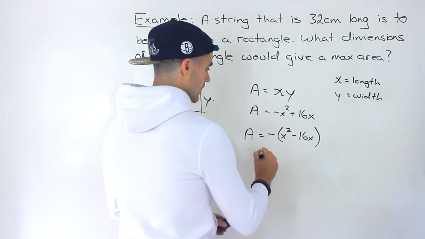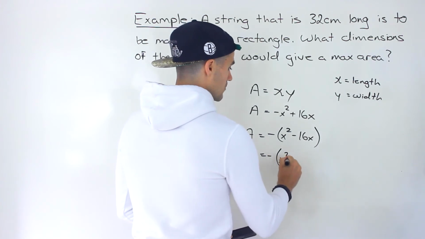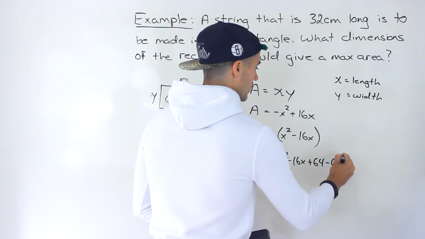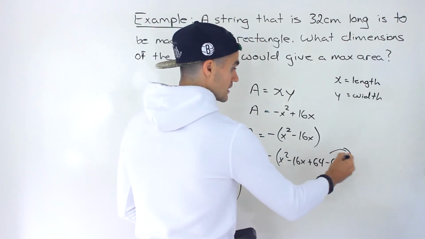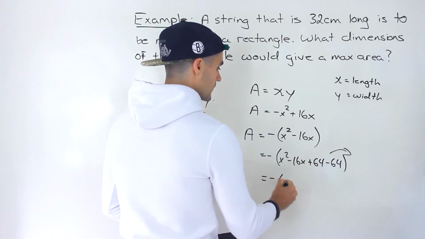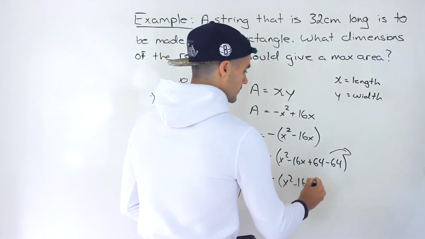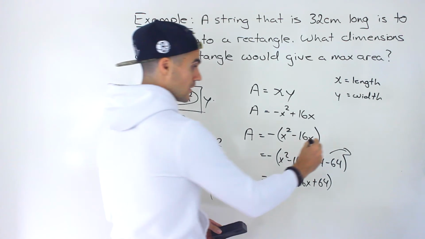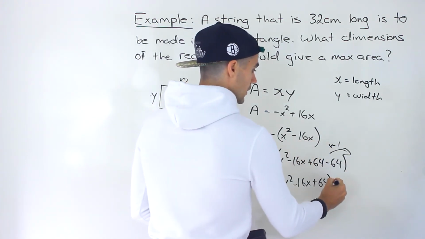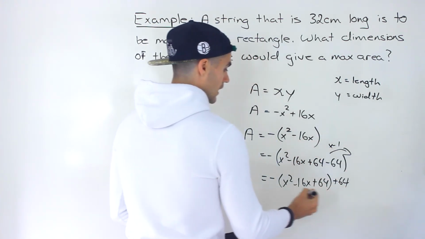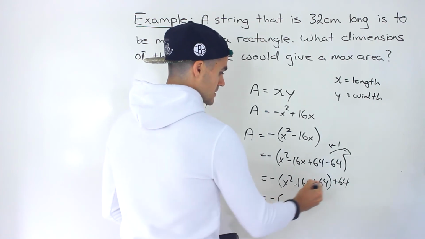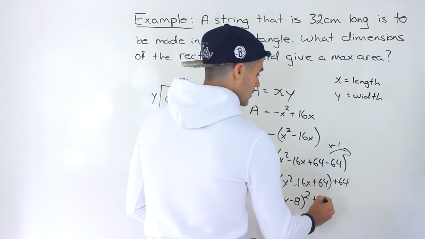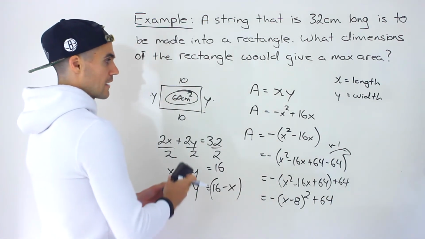So then we'd end up with negative x squared minus 16x plus 64 minus 64. Then we take the negative 64 out. When we take it out, we've got to multiply it by what's in front, the negative 1, so that would give us positive 64. And remember that this here is always going to be a perfect square trinomial, and we're left with that right there.